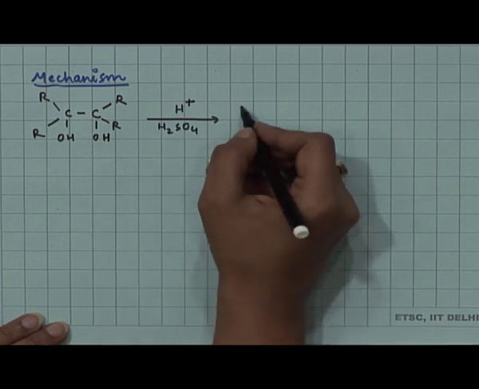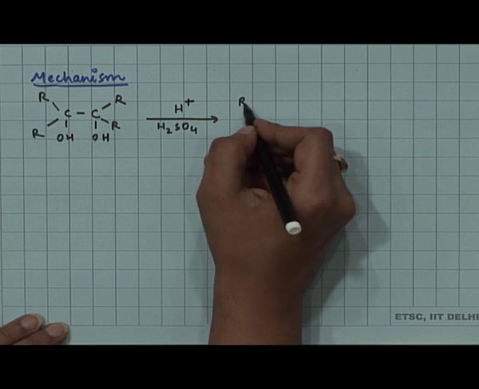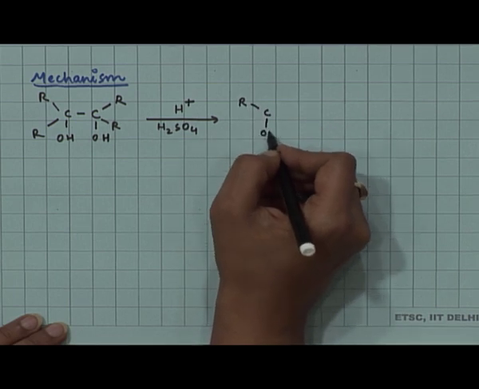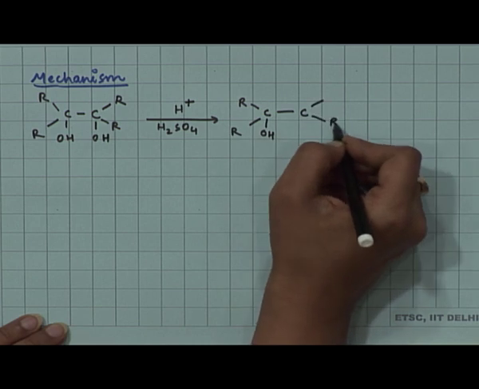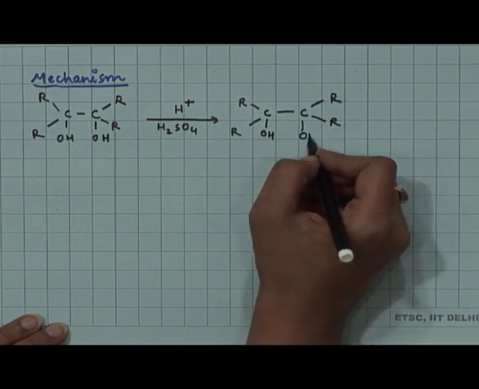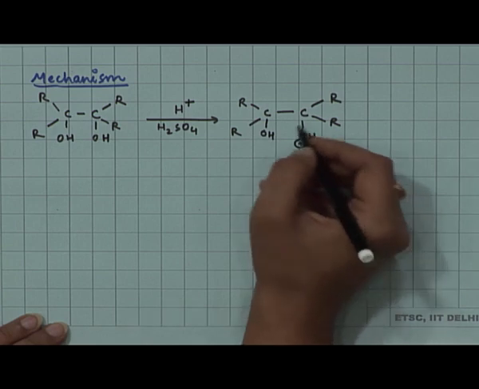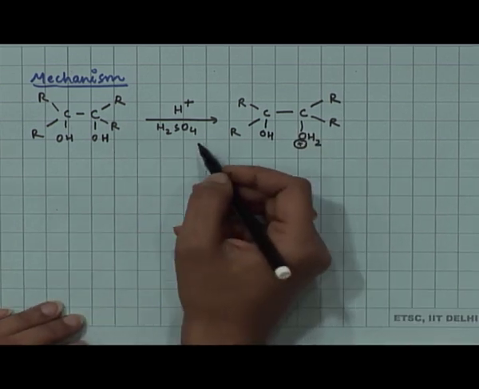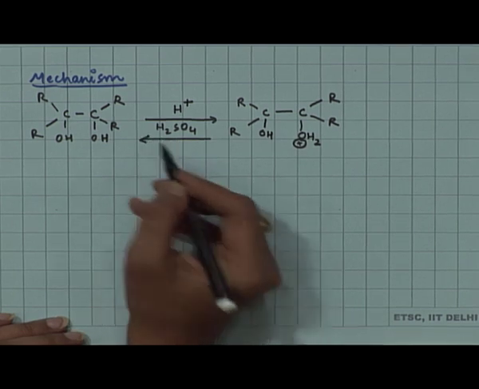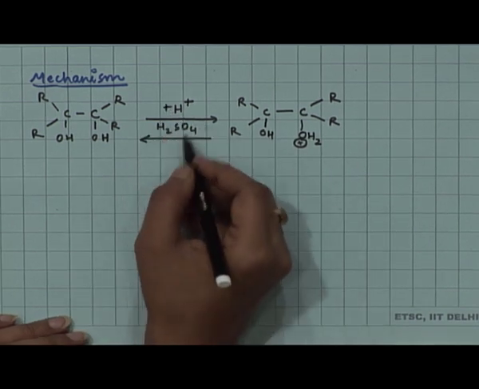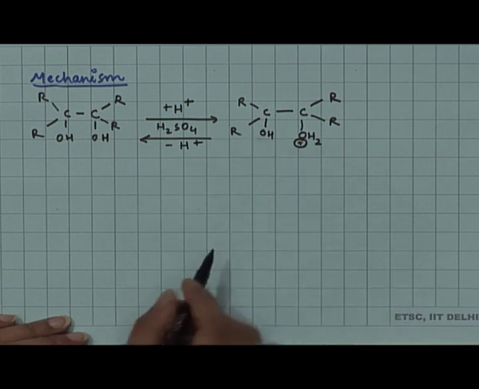So, the first step one would expect is the protonation of the pinacol. This is the first thing that one would anticipate is happening, that your hydroxyl gets protonated. So, there is this protonation of the pinacol, and this is a reversible reaction.